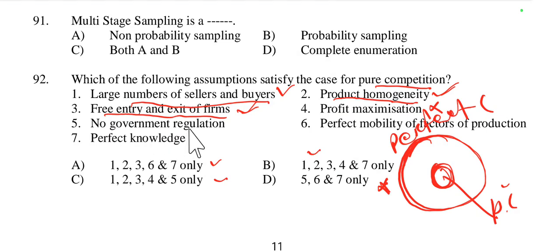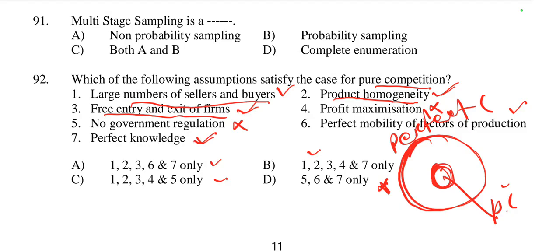Then no government regulation; this is also not included in pure competition. Then next, perfect mobility of factors of production and perfect knowledge are basic characteristics of perfect competition. But according to the options, if we consider pure competition assumptions, we can include perfect mobility of factors of production and perfect knowledge about the market.